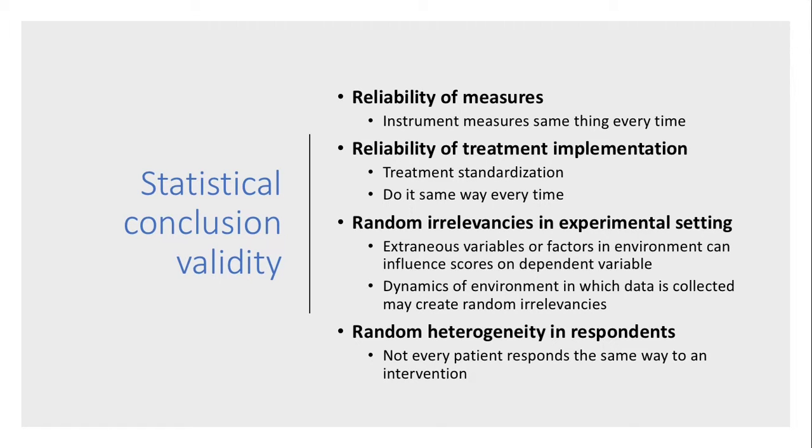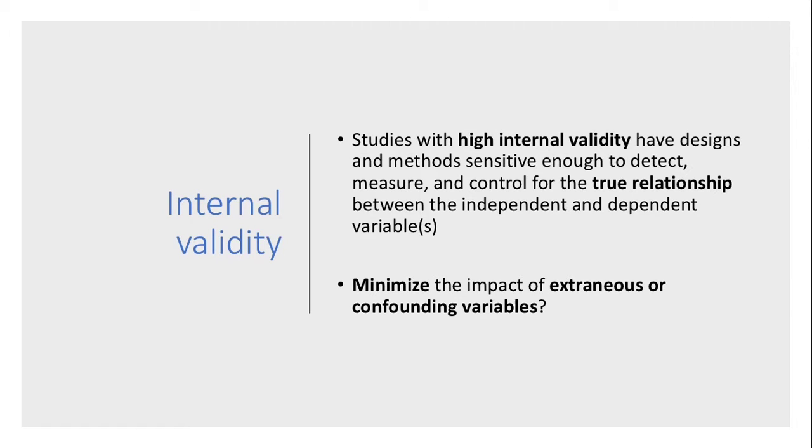Also, there can be some heterogeneity in how respondents act or respond to our interventions. Not every patient responds the same way to some sort of intervention or treatment, and that can impact the validity of the results from our statistical tests, I should say.